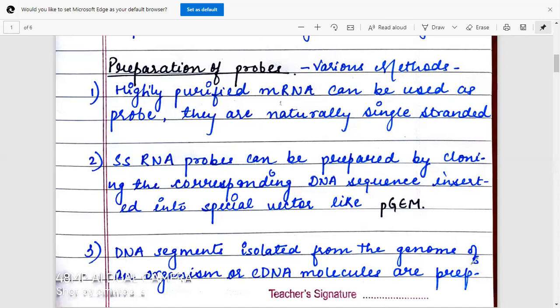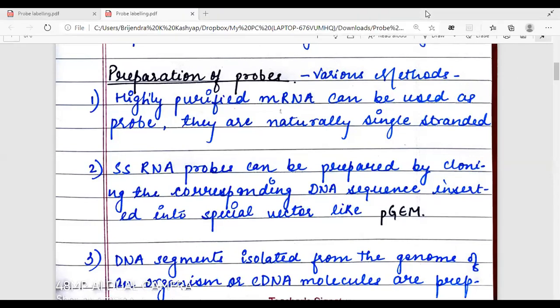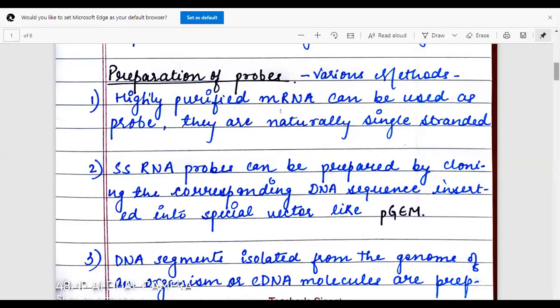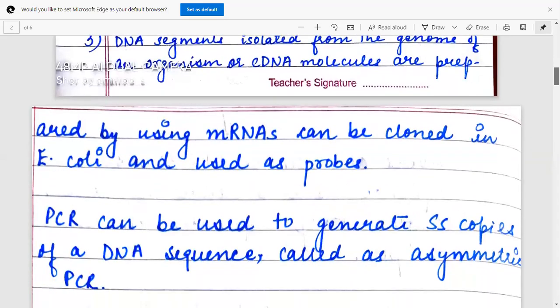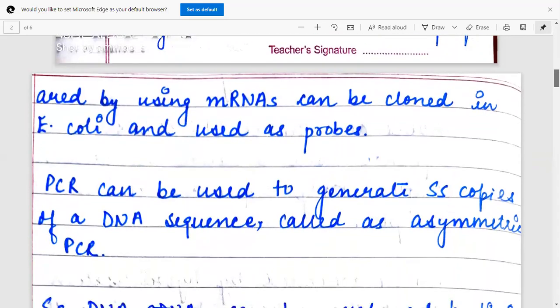DNA sequences isolated from the genome of the organism, or cDNA molecules prepared using mRNA, can be cloned in E. coli and also used as probes.